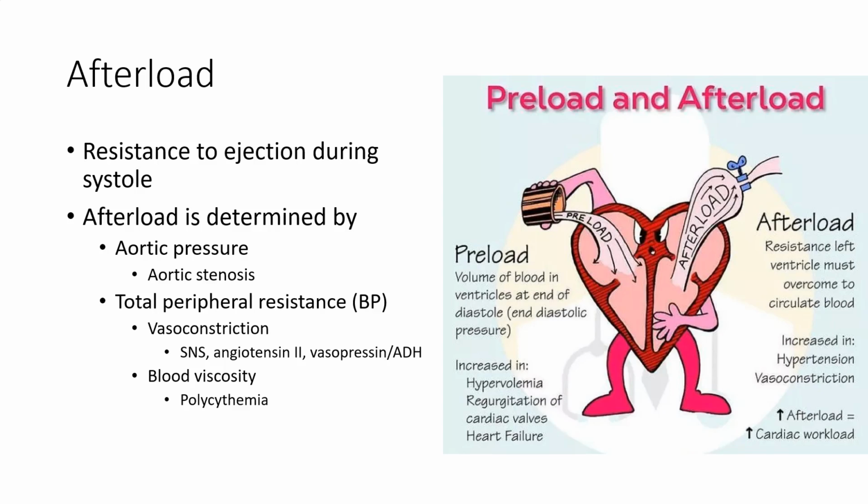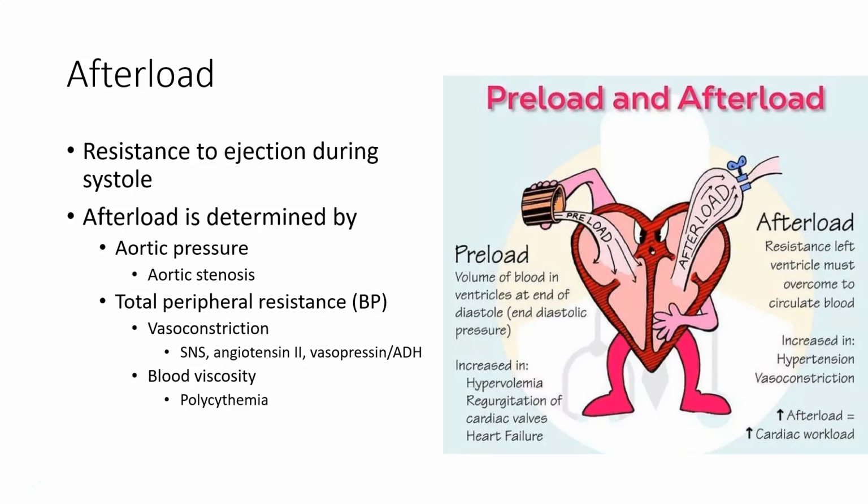Because afterload is that resistance to ejection during systole, during that time the heart is pumping, a higher afterload would decrease that stroke volume or increase the work of the heart in order to get that blood out of the heart.